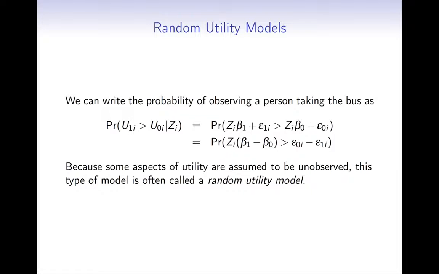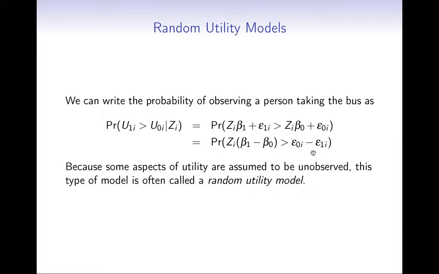Okay, so we can write the probability that we observe a person taking the bus as the probability that the utility associated with that option exceeds the utility associated with taking the car. Okay, so notice how we're comparing the utility from option 1 with the utility from option 0.